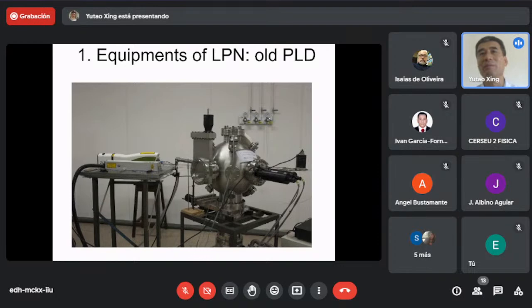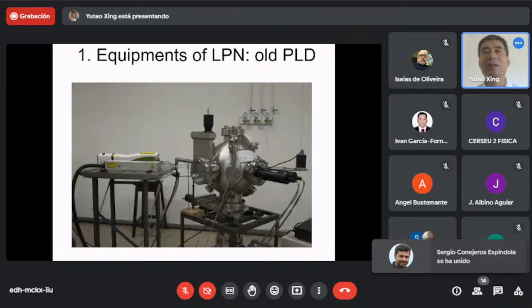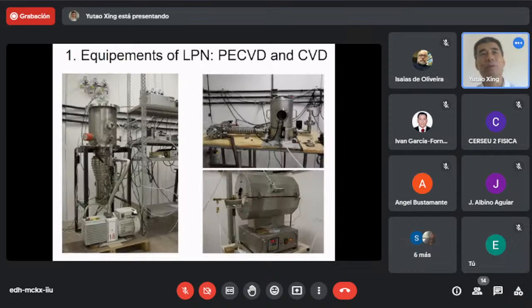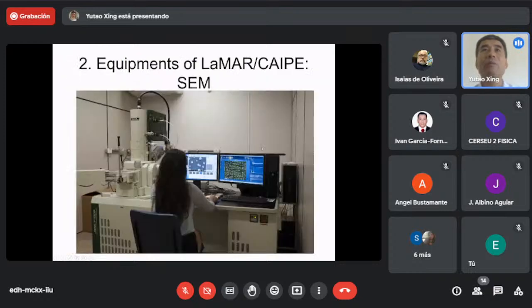We mounted this machine in our laboratory from purchased pieces, and it works very well. And of course we have several old facilities like plasma enhanced chemical vapor deposition, these 2, and one normal chemical vapor deposition.